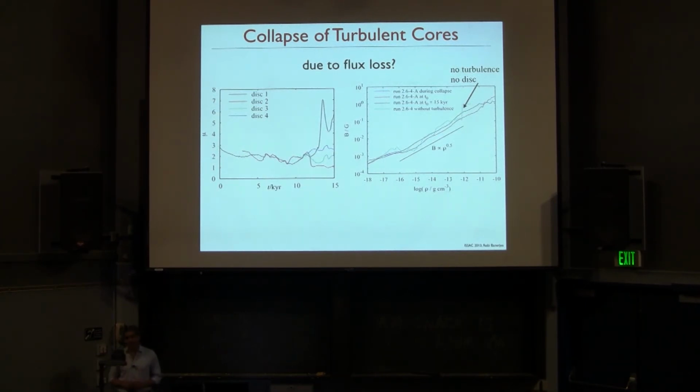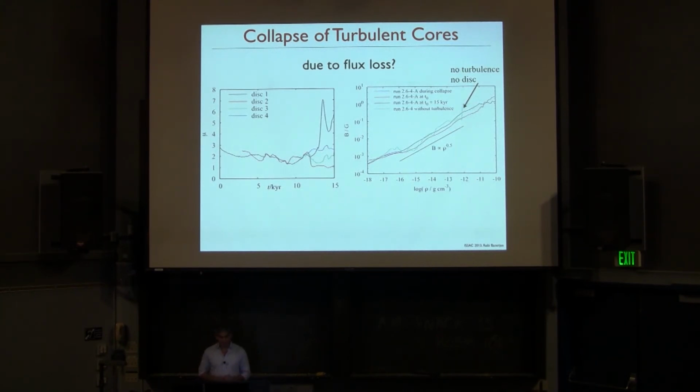If you have a dramatic flux loss, the magnetic field shouldn't scale with the typical finding here, with the square root of the density, but should be flatter. And also within this analysis, we don't find a dramatic change.